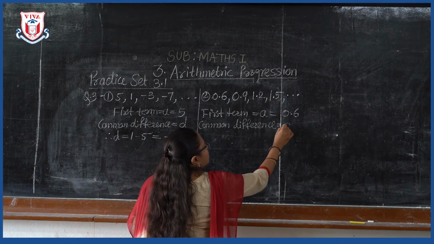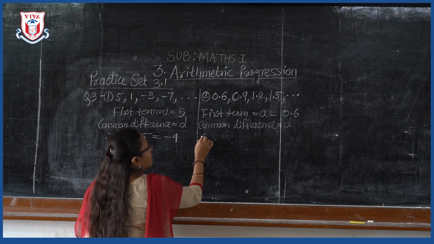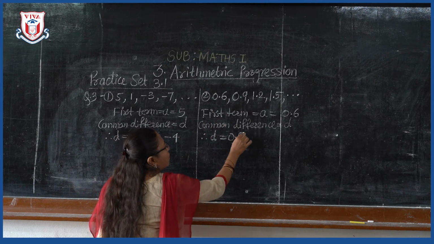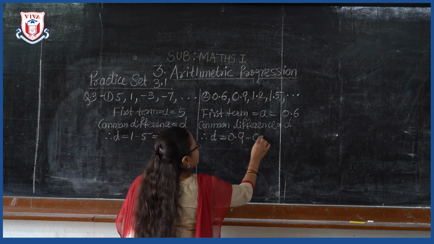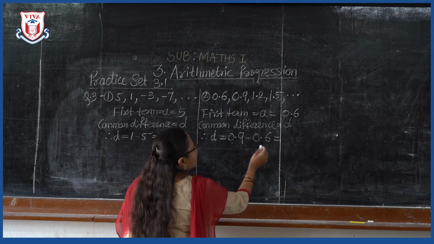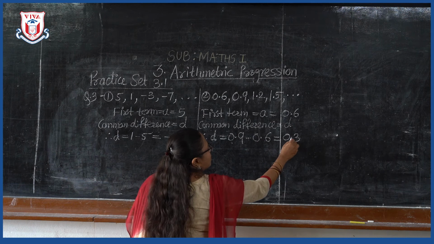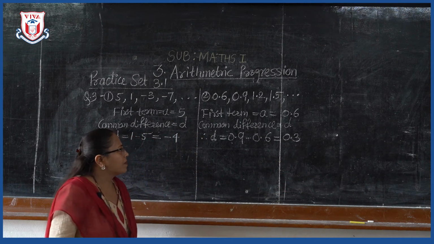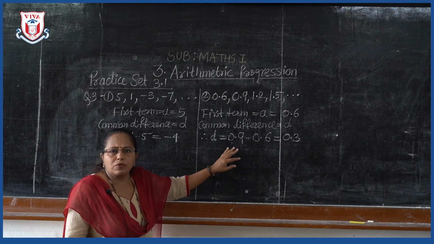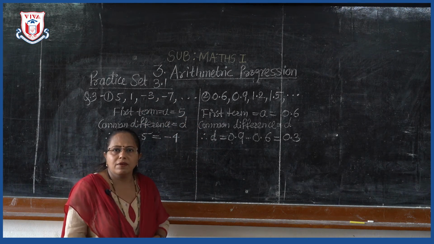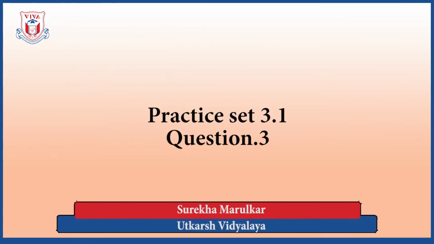Common difference is denoted by letter D. Second term minus first term: 0.9 minus 0.6 is equal to 0.3. So this way we have to solve question number 3 from practice set 3.1. Understood?